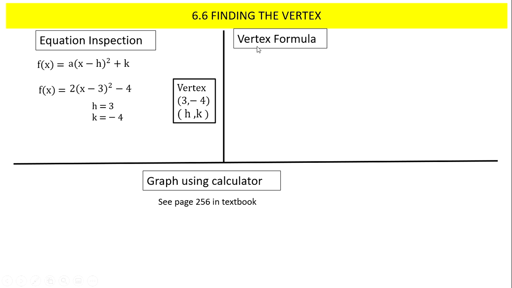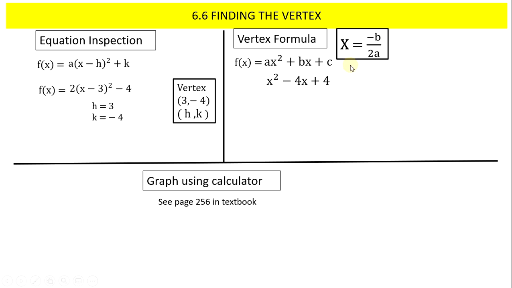The next way of finding the vertex for a parabola is the vertex formula. Take a look at the format now of this equation. It is different than this one, but they both represent the equation for a quadratic. So coming over here now, we have a formula that has to be remembered. x equals -b over 2a.